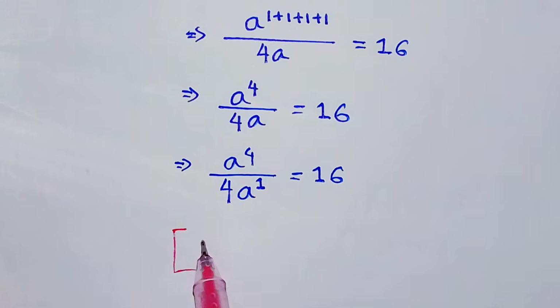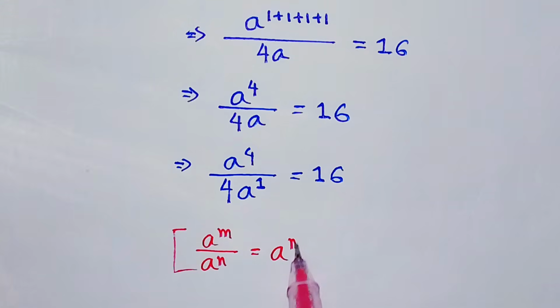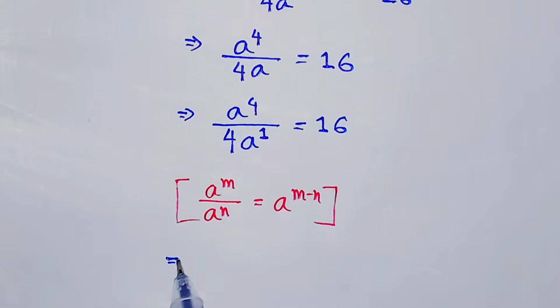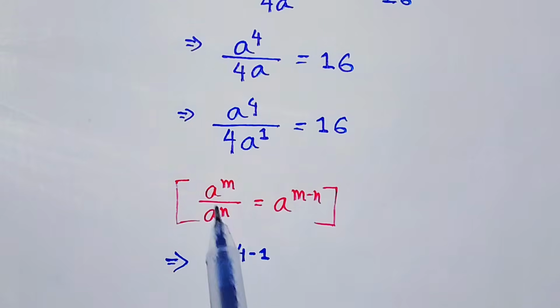This is like a to the power m divided by a to the power n equal a to the power m minus n. So after applying this formula, we'll write a to the power 4 minus 1. This power is m and this 1 is n.